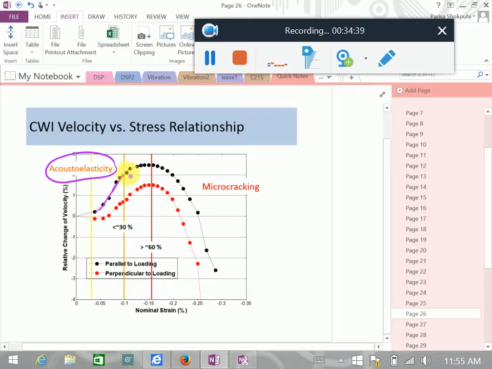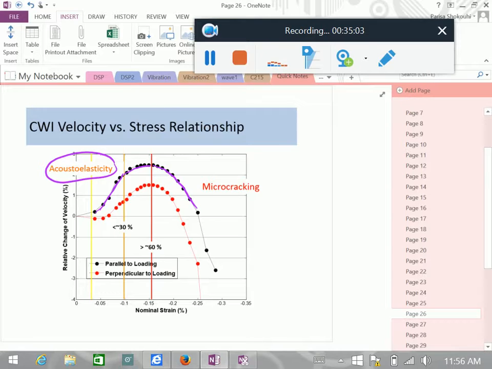And then after a while, the amount of cracking becomes so much that acousto-elasticity is not in place anymore, and then the velocity decreases. We measured in concrete different kinds of waves, different materials, different configurations. We always saw this kind of trend, always.